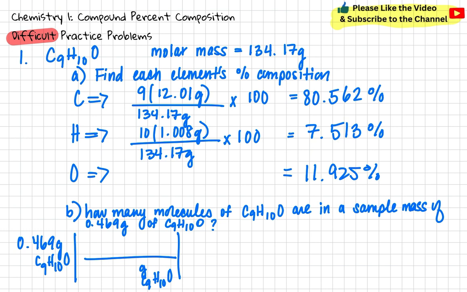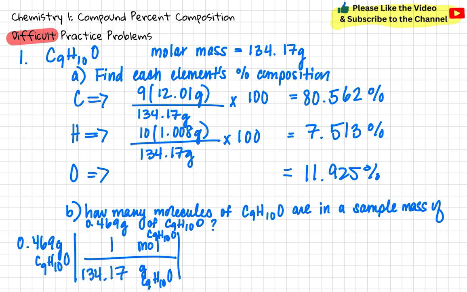Okay. Do I have a direct conversion between molecules and grams? No. But I can go from grams to mole and then moles to molecules, because moles to molecules involves Avogadro's number. So I can go from grams to mole. So I'm going to put mole at the top of C9H10O. Okay, so 1 mole of the molecule is equal to the molar mass of the molecule, which is what we have up here. So I'm going to put that in there, 134.17.